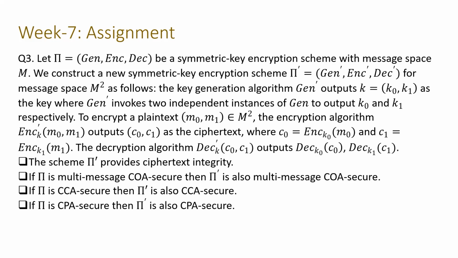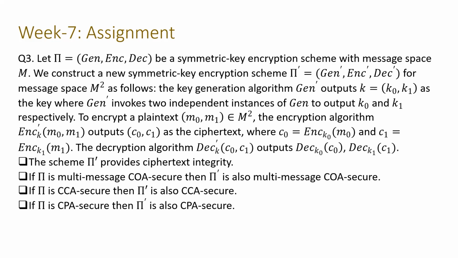Then coming to the third option, if pi is CCA secure, then PIDAS is also CCA secure. Now, remember that CCA security provides the adversary with access to a decryption oracle, right? Even if pi is CCA secure, we say that PIDAS is not CCA secure. Why is that?